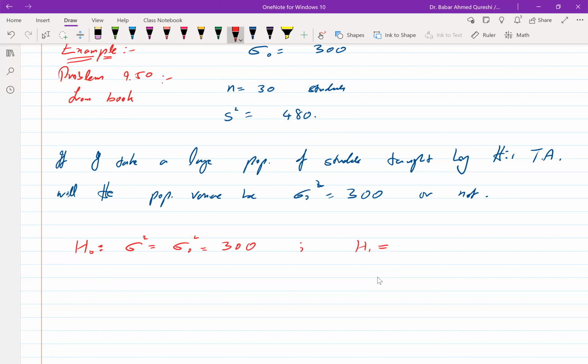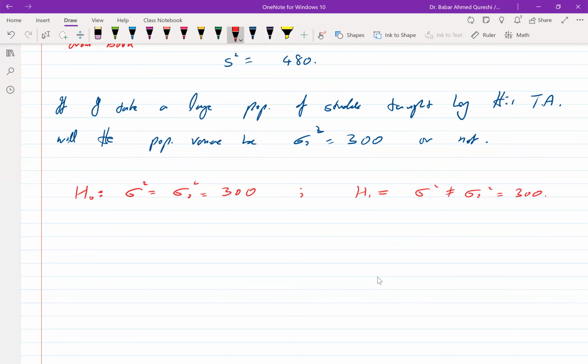Let's test it against the alternative that the variance will actually change. It will not be 300. At alpha equal to 0.05 significance level.